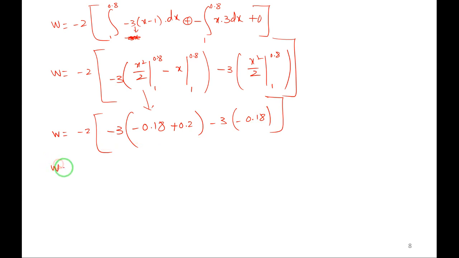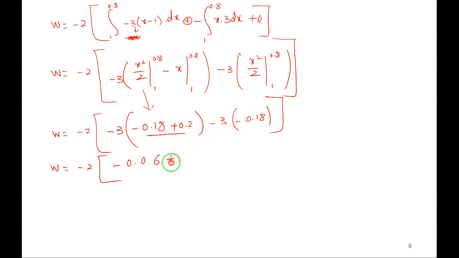So I will calculate the entire thing and write it. First I will calculate this and multiply: minus 0.18 plus 0.2, into minus 3. I am getting minus 0.06.